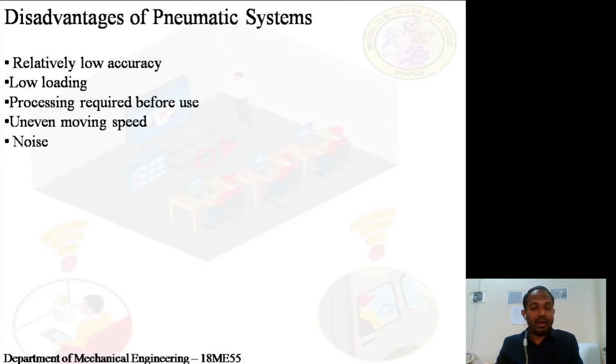Obviously, it will also have some limitations or disadvantages. They are limited disadvantages. One is relatively low accuracy compared to electric systems, wherein they calculate accuracy even in milliseconds, wherein the pneumatic system is relatively lower.